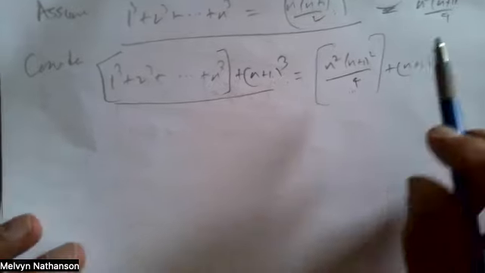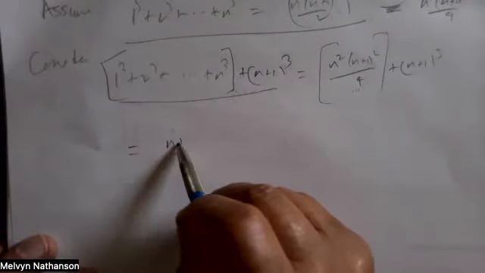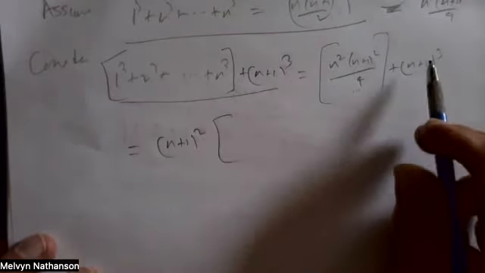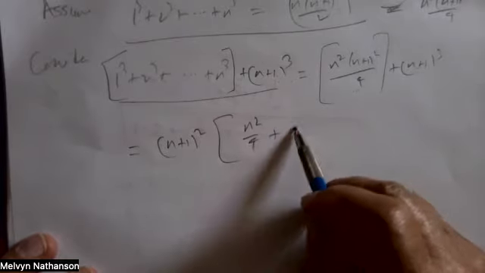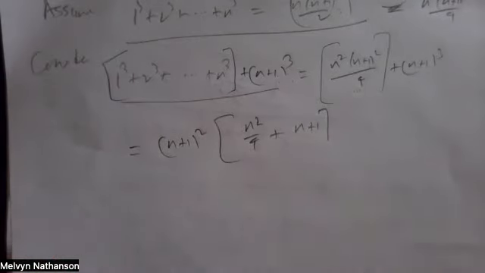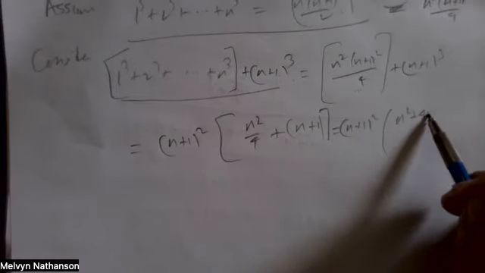Now, let me factor out (n plus 1) squared from this. This is (n plus 1) squared times n squared over 4 plus (n plus 1). And this is (n plus 1) squared. Let me put this over a common denominator. n squared plus 4n plus 4 over 4.